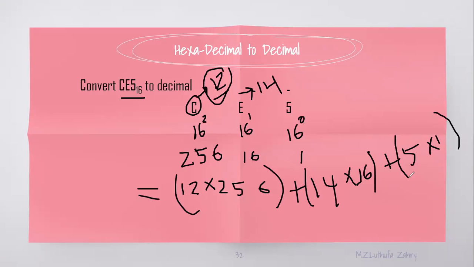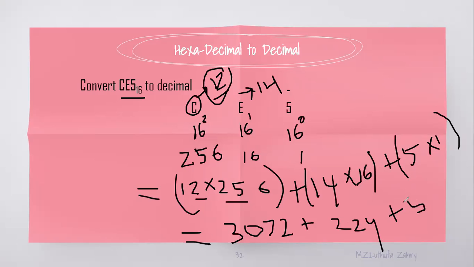Do the calculations properly and you'll get 3072 for 12 into 256, plus 224 for 14 into 16, and 5 into 1 is 5. The final answer is 3301 base 10.